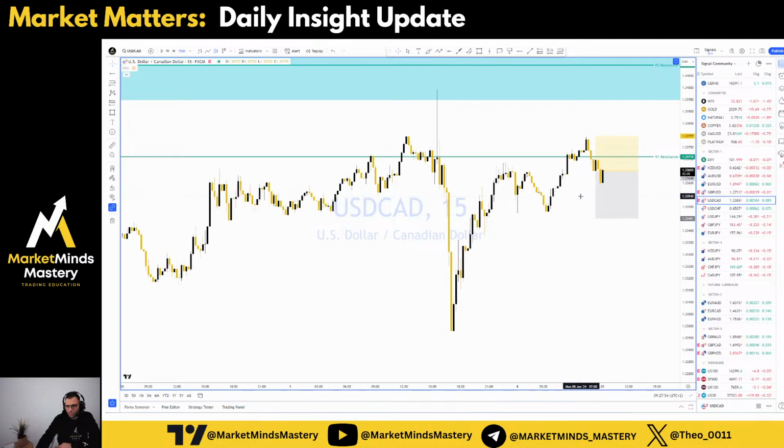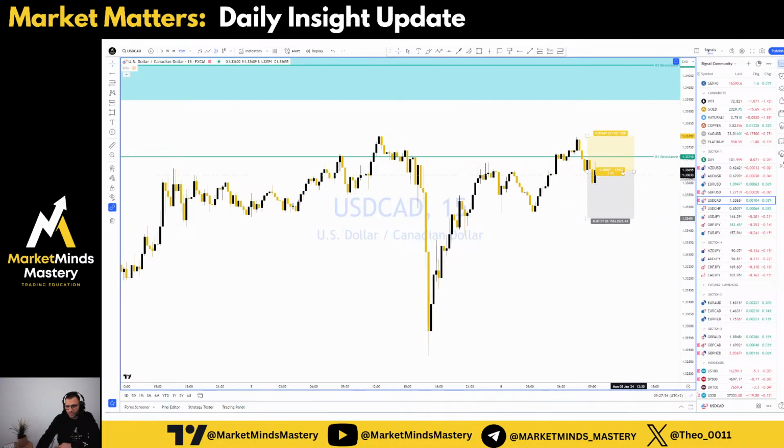USD Canadian dollar. I'm looking to get involved on the short side, to be honest. I'm waiting a little bit more. It's just, guys, Monday morning, after the non-farm payroll, price and market is digesting last Friday's move. Just give it some time, be a little bit patient, don't be in a rush to take trades before the London Open.